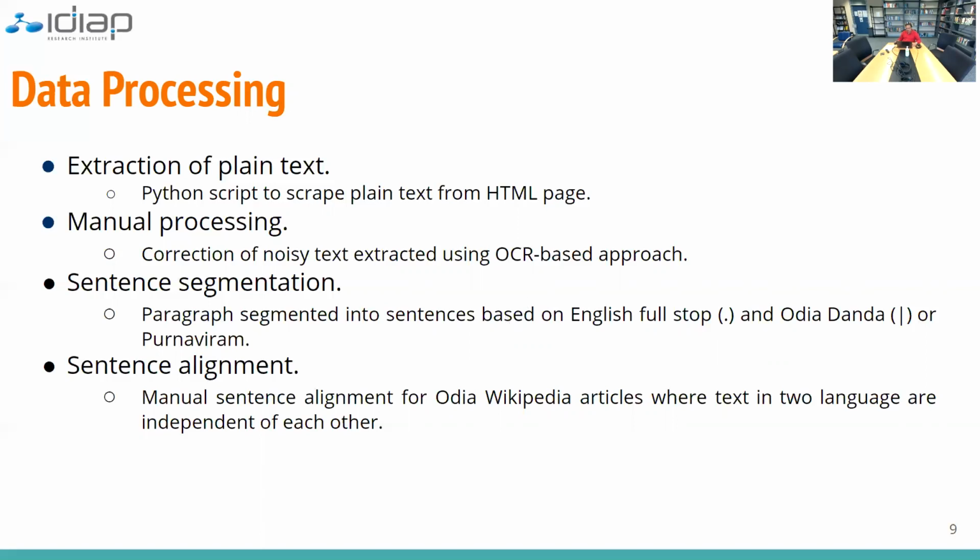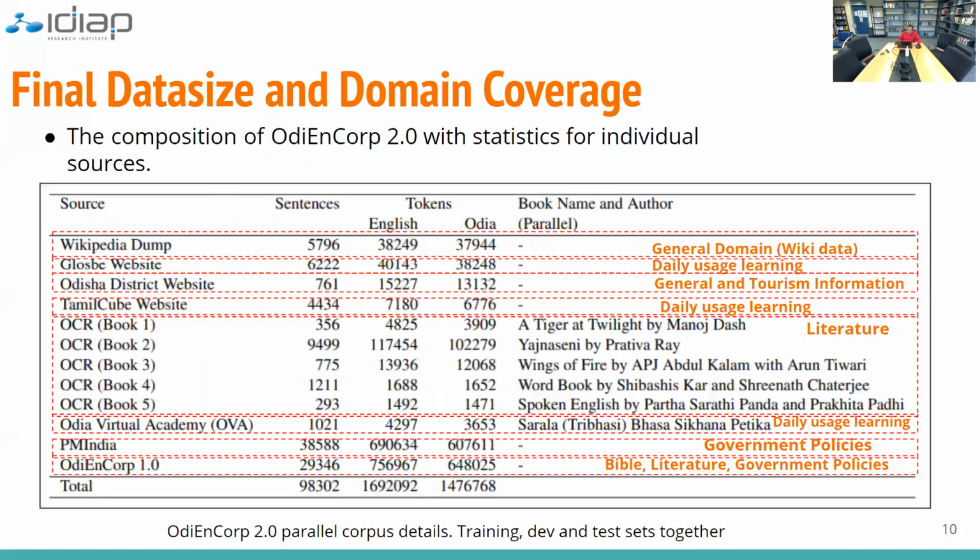So there is a challenge of how exactly you split or make a one-to-one alignment so that it can be useful for this corpus. So we did some sentence alignment for this kind of cases.